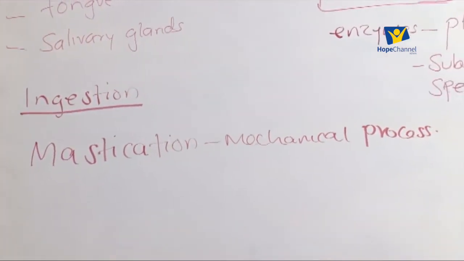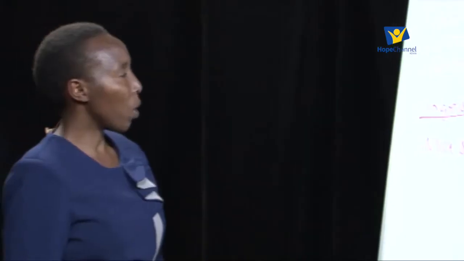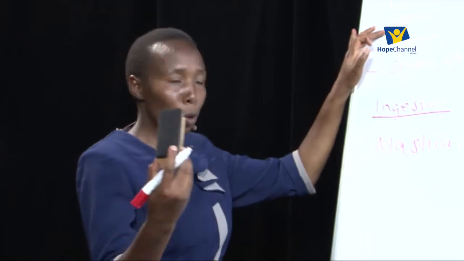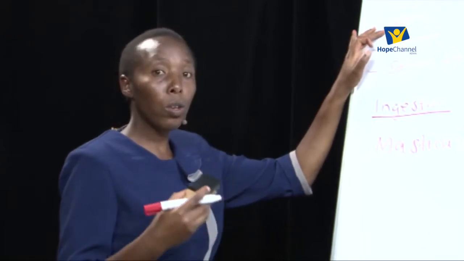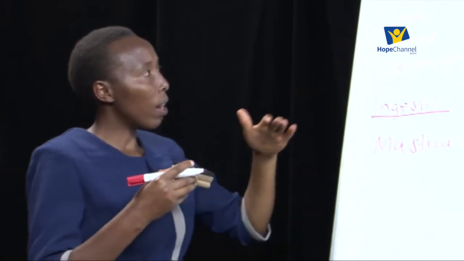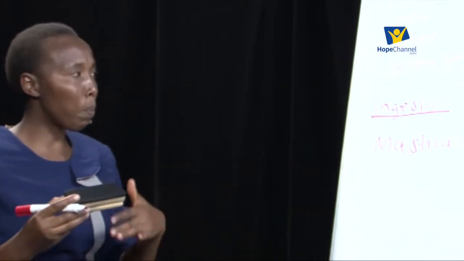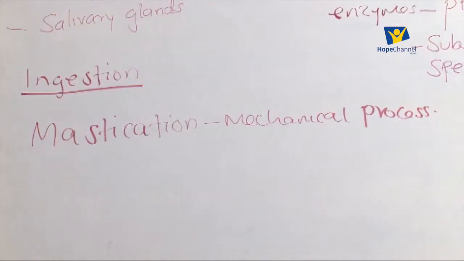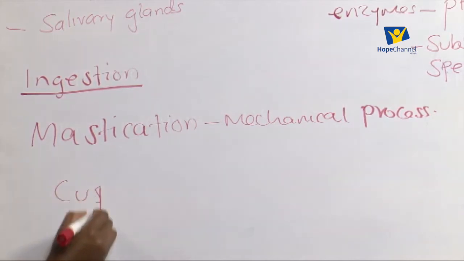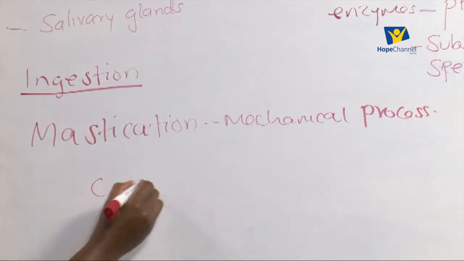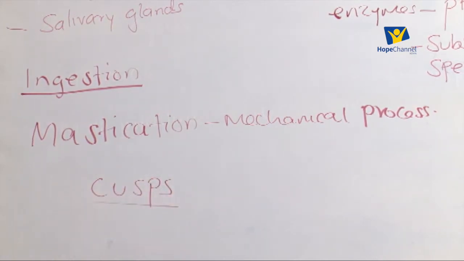What do I mean by mastication? This is the process whereby the teeth break down the large food particles into small particles. Why are we crushing? Remember we talked about the premolars and the molars as examples of the teeth. And we say that they contain the cusps. I hope you remember that.